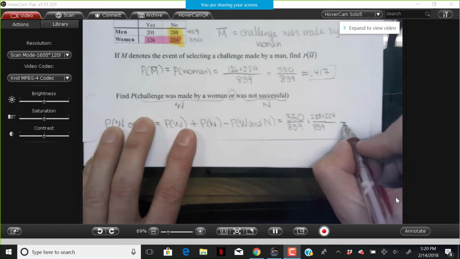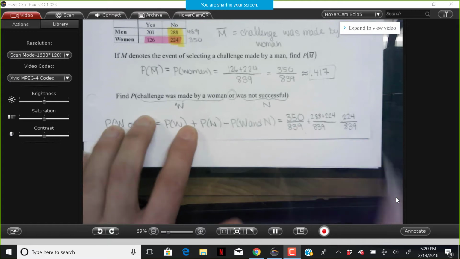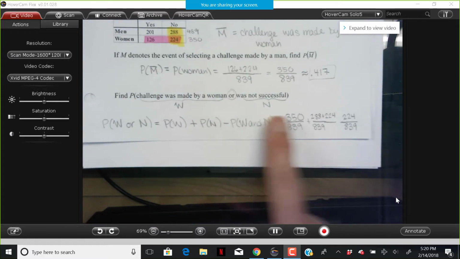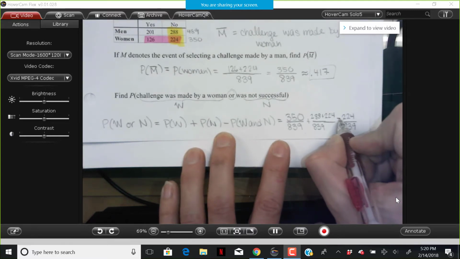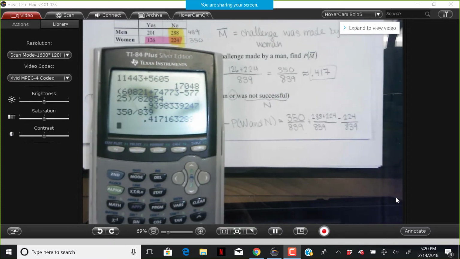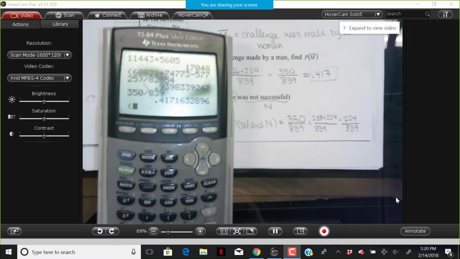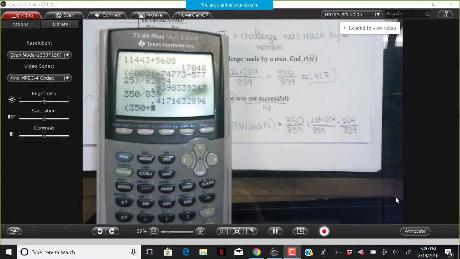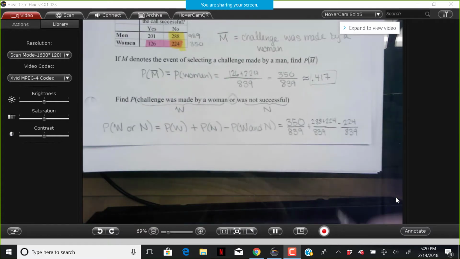So that's why we're subtracting off the 224. So again, I'm just going to add the numerators. Oops, there's a minus in between there. I'm going to do just the numerators and then in parentheses and then all over the denominator. And in fact, I can just cancel the 224s right now, right? So 350 plus 288 all over 839. So about 0.76.